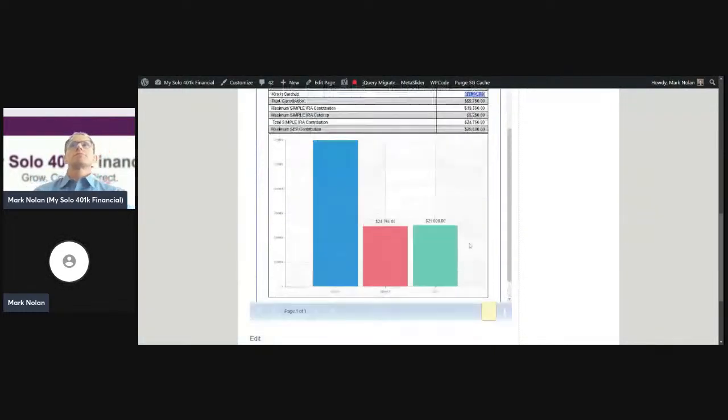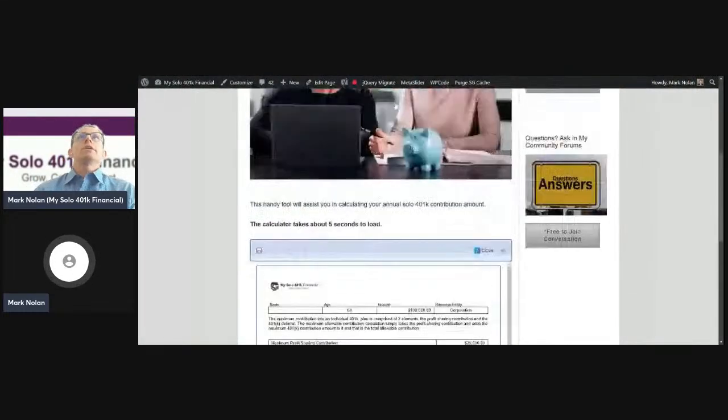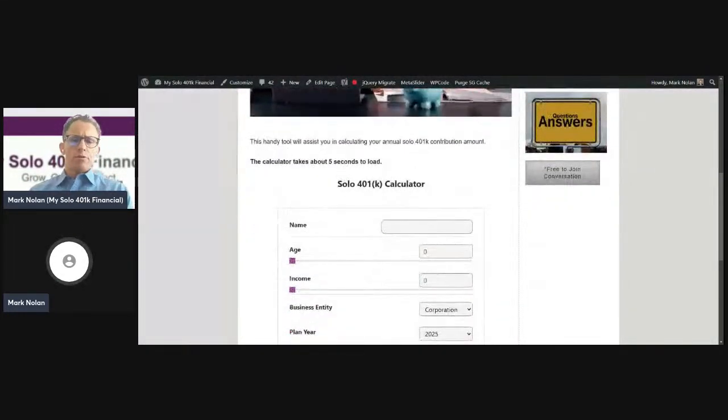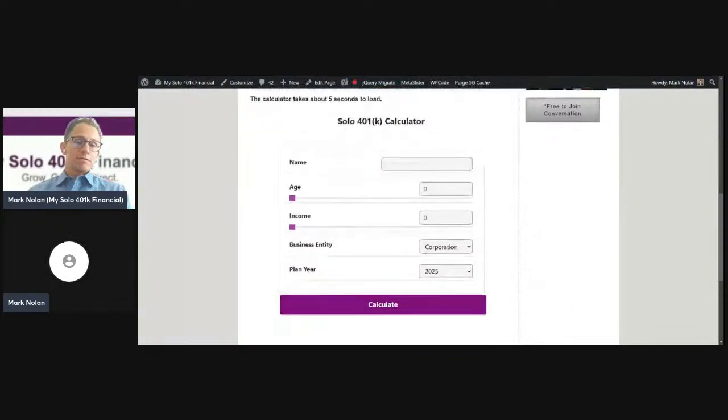Okay, let's do another example here. Let's go with $200,000, and we'll do a calculation for someone who's under age 50.